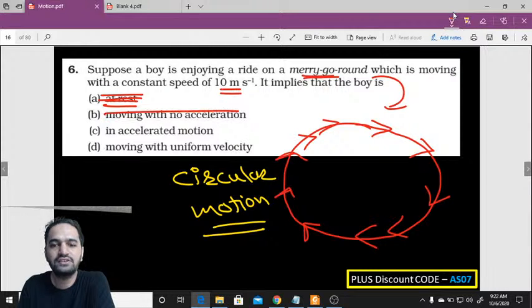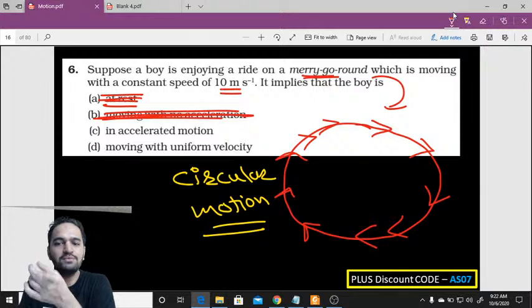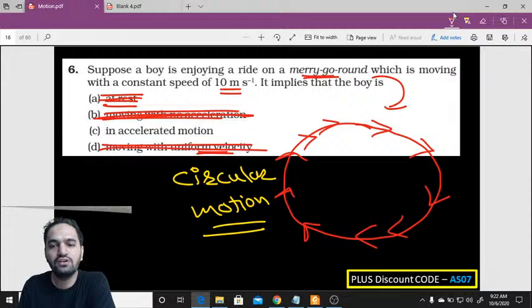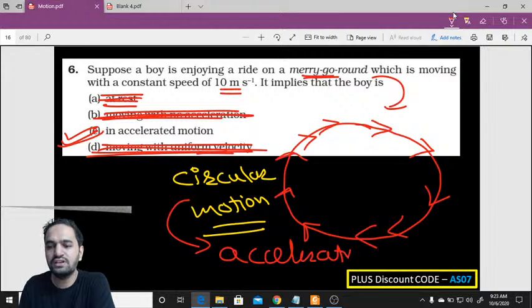Moving with no acceleration is also wrong. Moving with uniform velocity is wrong too, because the direction is changing, so the velocity is changing. So the answer is accelerated motion, because circular motion is accelerated motion. So the answer is C. Very simple.